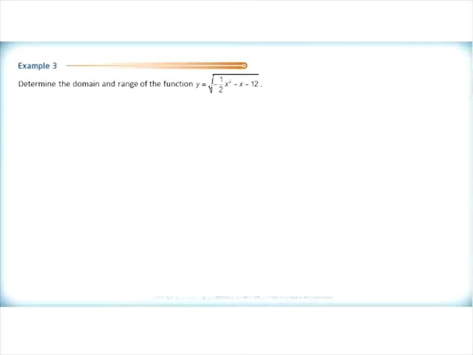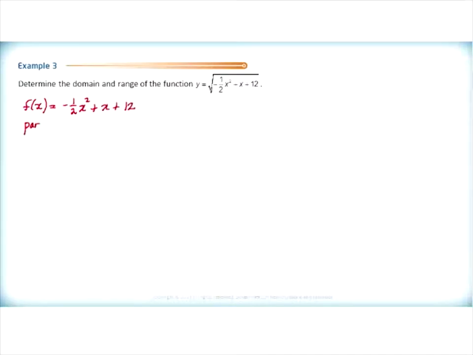In example 3, we are asked to determine the domain and the range of y equals the square root of negative 1/2 x squared plus x plus 12. Note the original function f of x is equal to negative 1/2 x squared plus x plus 12.